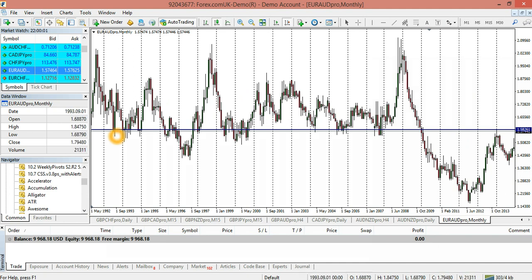Whenever the market is around this line, it tends to do something. The market, first of all, likes to gravitate towards this line, but whenever it reaches this line, it pushes the market up. So when the market comes here, it pushes it up, pushes it up, pushes it up. It breaks through and it comes back.